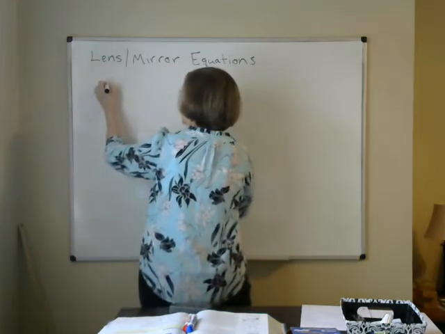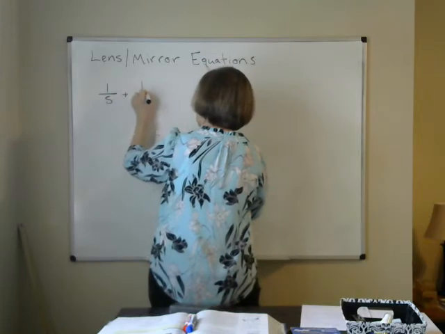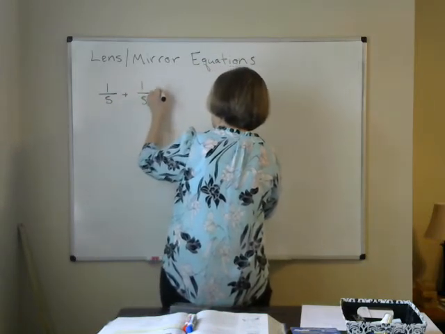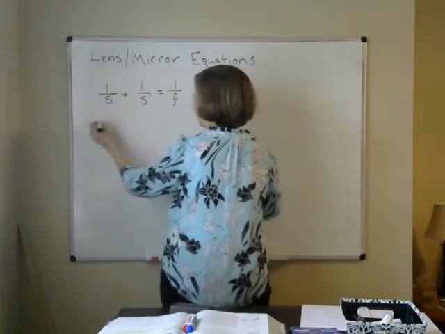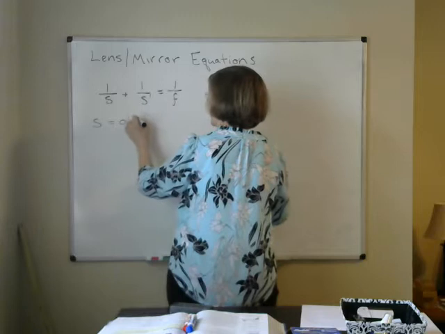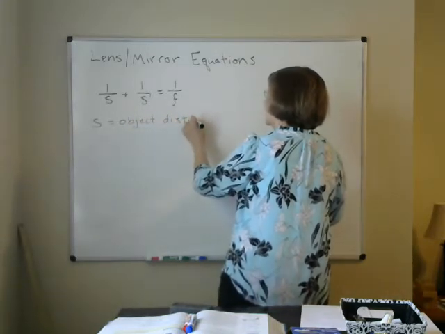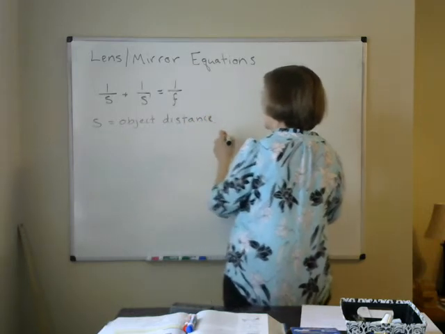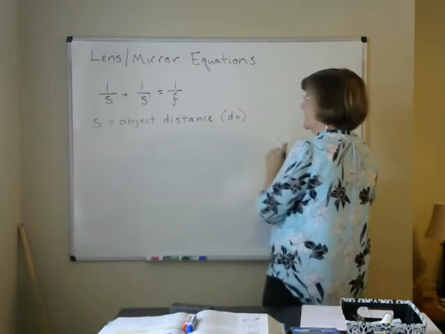One is 1 over s plus 1 over s prime equals 1 over f. S is the object distance. I want to say on the geometric optics lab, they use DO for the object distance, and that's okay.